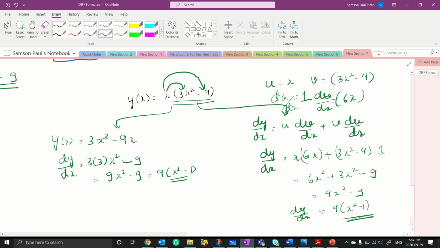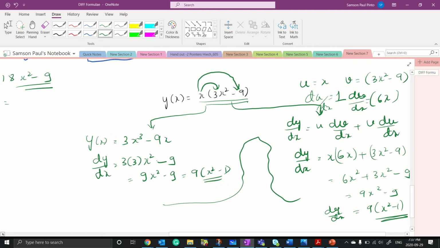So either way you can do it. I just wanted to show you that this problem can be done either way. That is the reason why I chose this problem.